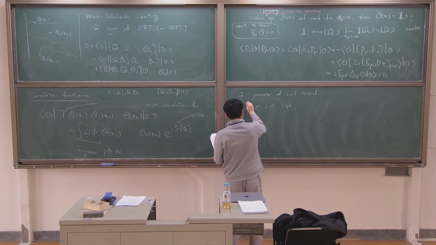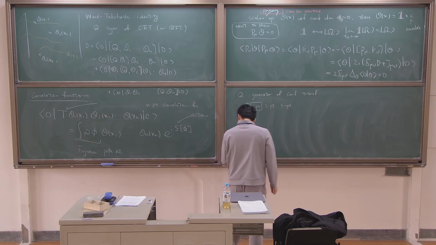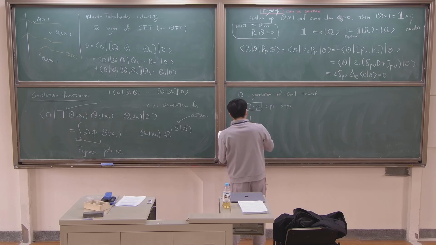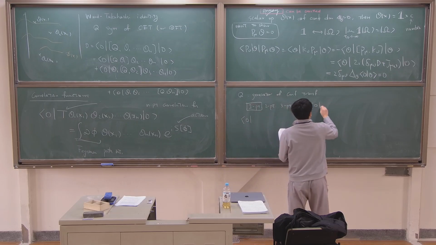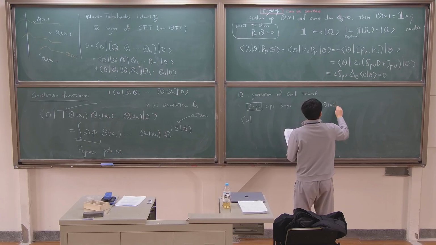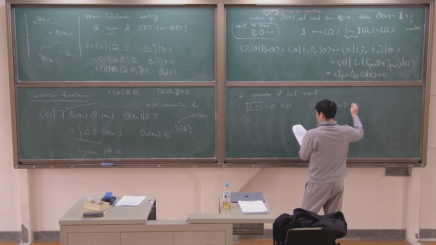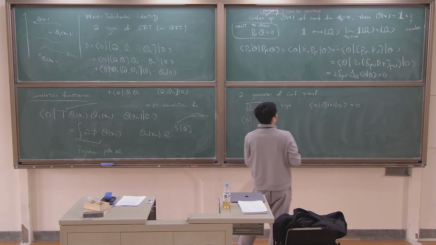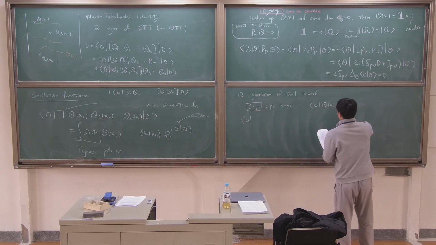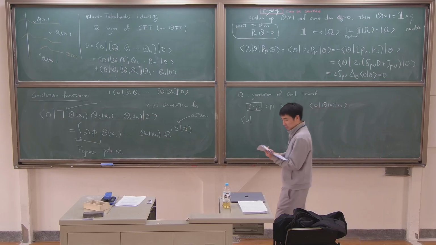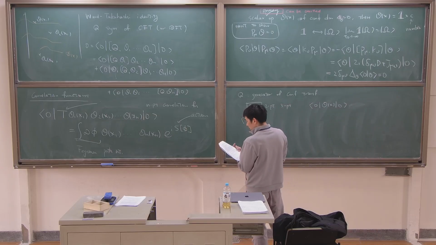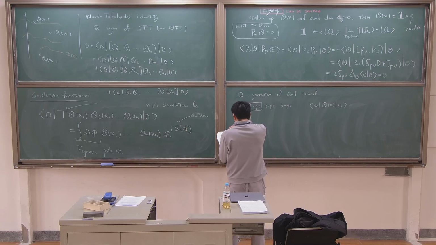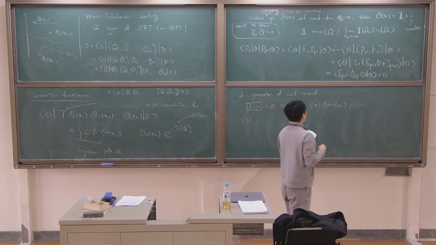Let's consider the first case, the 1-point correlation function of the operator at x, between vacuum states, and we want to show this is actually 0.